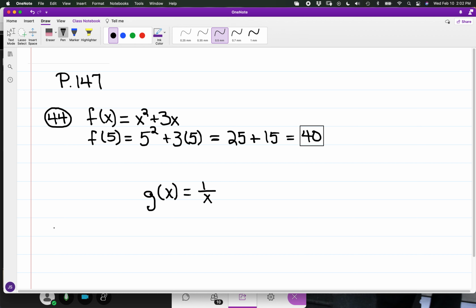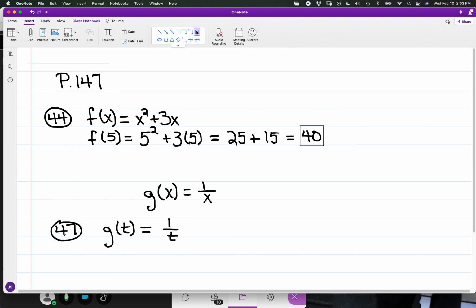In number 47, we have g of t, and g of t corresponds to g of x. We have g of the input equal to 1 over the input. The only change here is going from x to t, and here we have g of t equal to 1 over t.